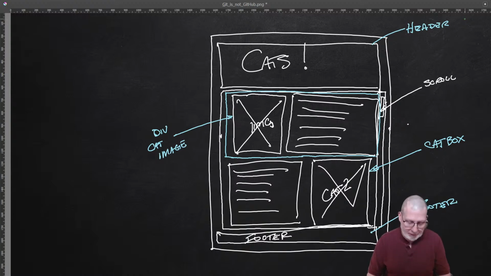And then I have a div, which is that outer main content container. And inside there, I have a div for each individual cat. That's that blue box, light blue box.